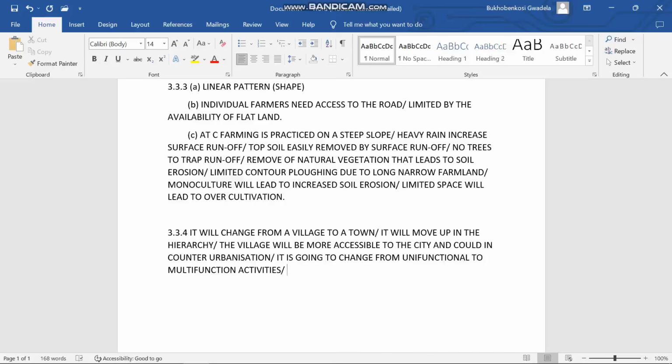Now it's not only going to be farming that is being practiced there as a primary activity.